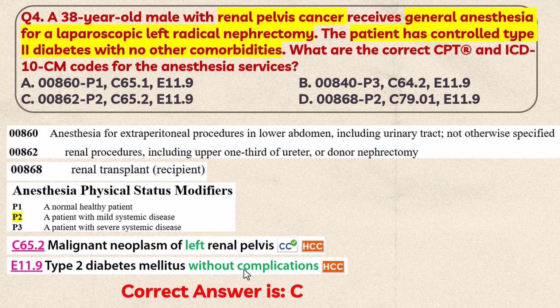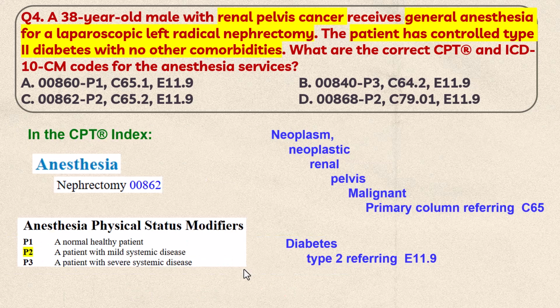If you encounter this case in a real working scenario, you have to use the CPT index and ICD-10-CM index. So let's go there. In the CPT index, you have to go to the anesthesia, then go to the subcategory of nephrectomy. It will lead you to the code 862. Then you have to go to the ICD-10-CM. There you have to go to the neoplasm table, which is in the initial parts of the ICD-10-CM book.